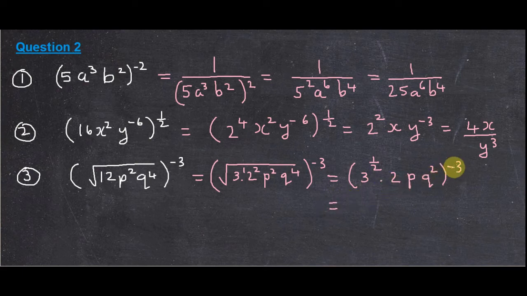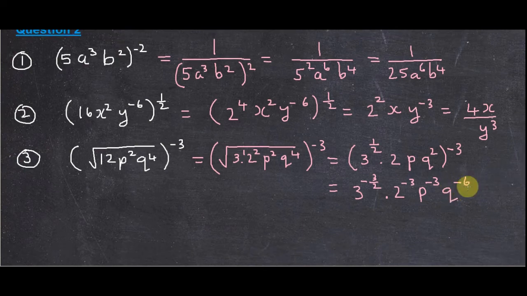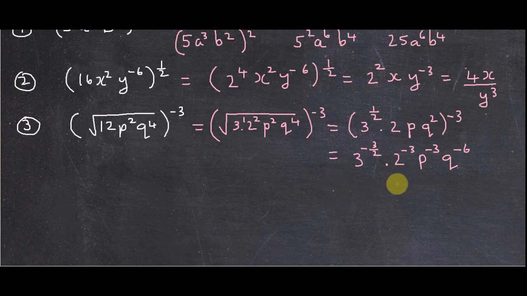We can now multiply the powers. So it's going to be 3. A half times negative 3 is negative 3 over 2. 1 times negative 3 is negative 3, and we have p to the negative 3, q to the negative 6. We can now write it as 1 over, and all the powers become positive.